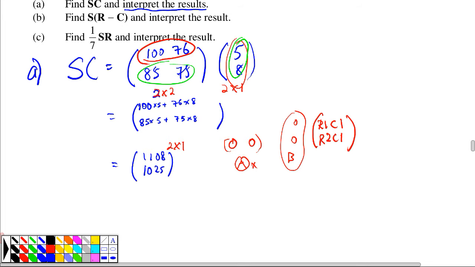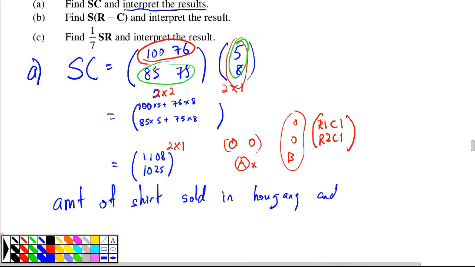I give you 1 minute. Total amount. Okay, Marcus. Represents the amount of shirts and pants sold in Hougang and Jurong respectively.